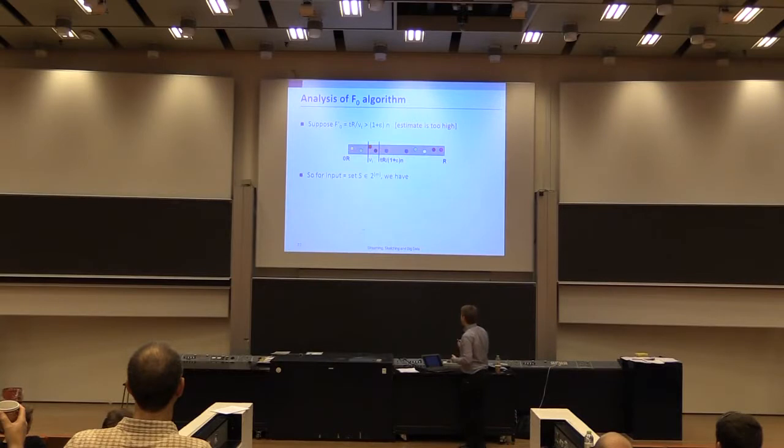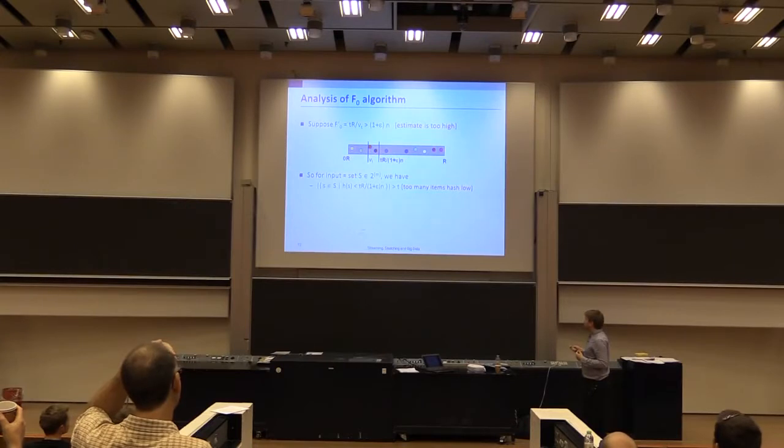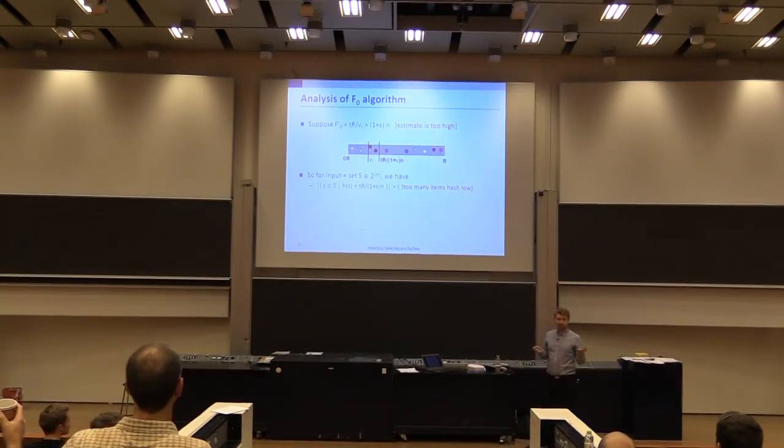So for our input S, we get this bad event, a too high estimate, if we have more than t elements whose hash value is below this critical threshold. The reason we write it like this is because we can then look at each element individually and ask what's the probability that it hashes below this range.